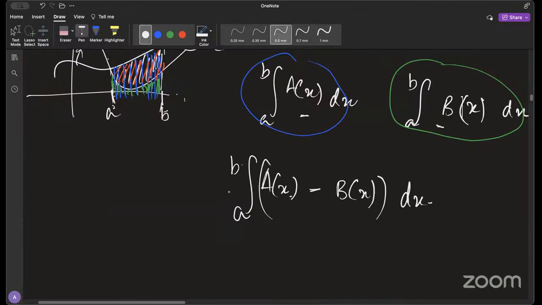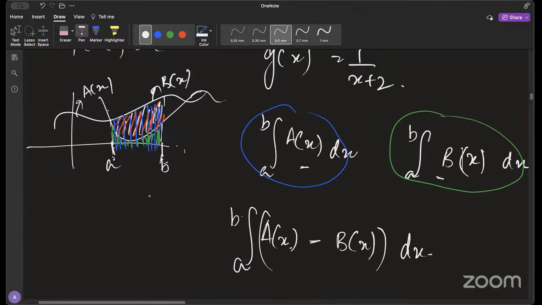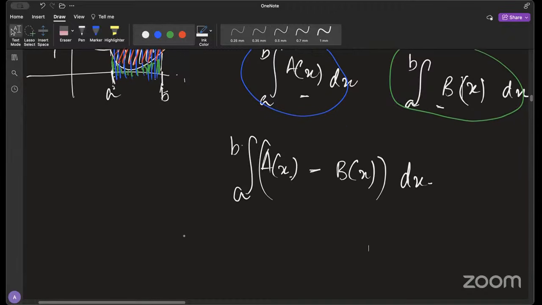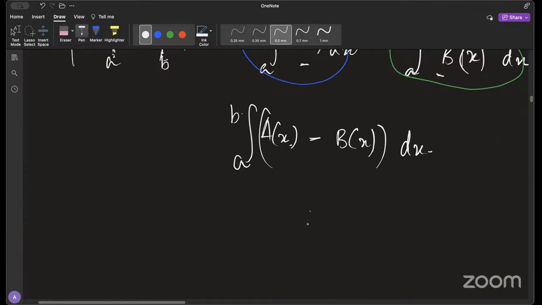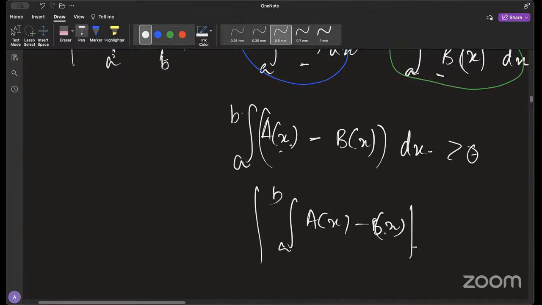To avoid that negative sign, let's say you do not know which curve lies above and which lies below. There will be cases when you wouldn't be able to figure that out. In that case, you can simply take AX minus BX, take the integral, and then just take the mod, right? If AX were actually lying above BX, then this entire quantity will be positive, and the mod of this quantity will again be positive.